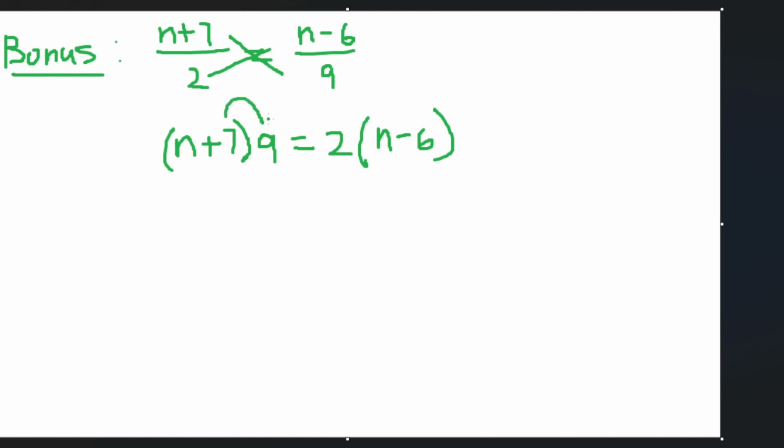So 9 times 7 plus 9 times n would give you 63 plus 9n. And then same thing on the right side, 2 times n is 2n, 2 times negative 6 gives you minus 12.